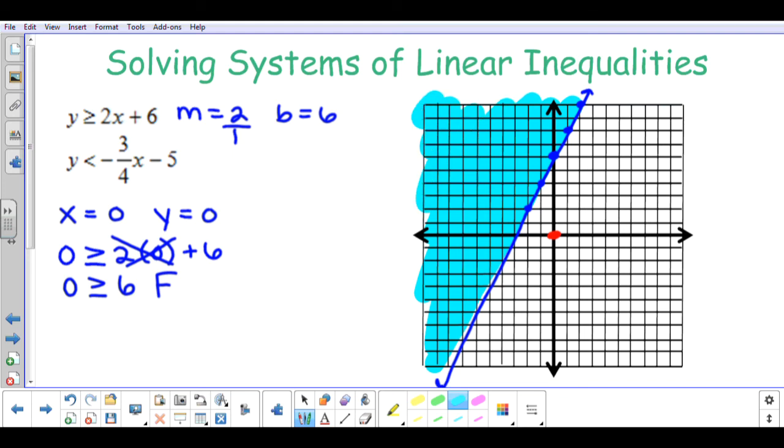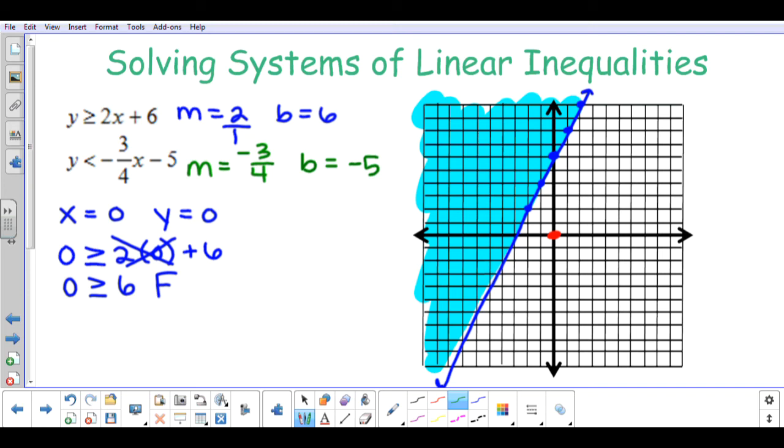Now I can graph my second equation. My slope in this equation is m equals negative 3 over 4. I moved the negative sign up with the 3, that way I know to go down when I perform my slope. My y-intercept is negative 5.